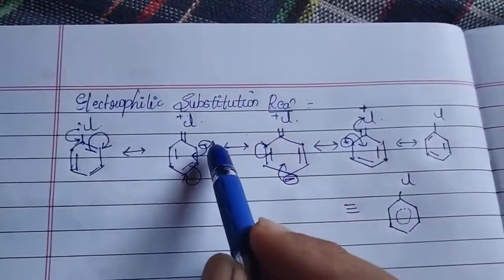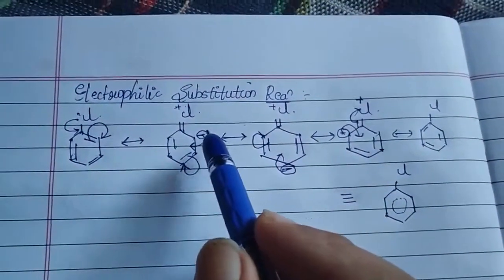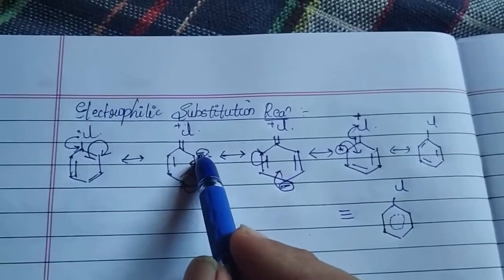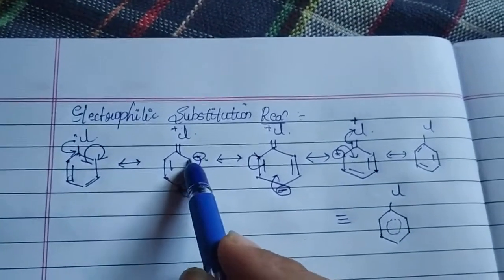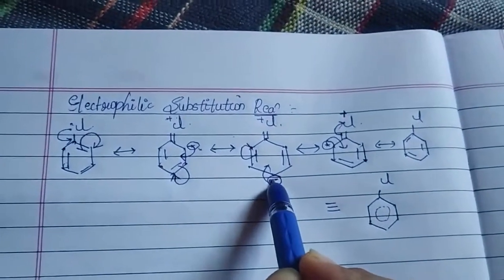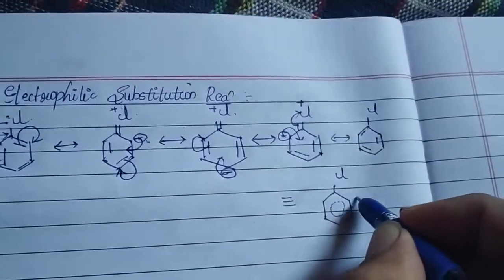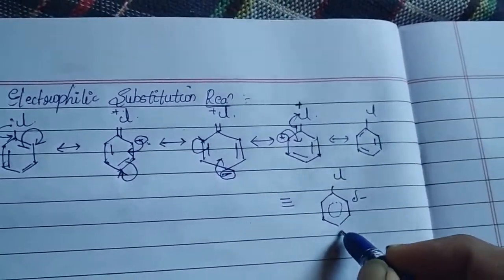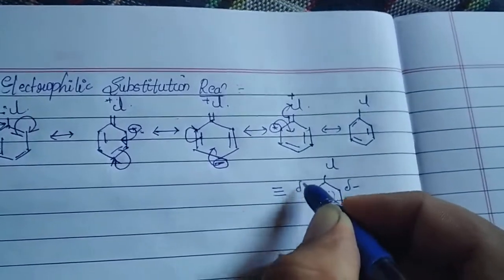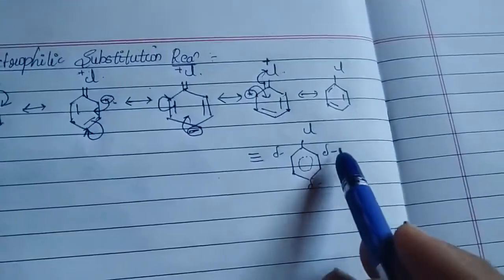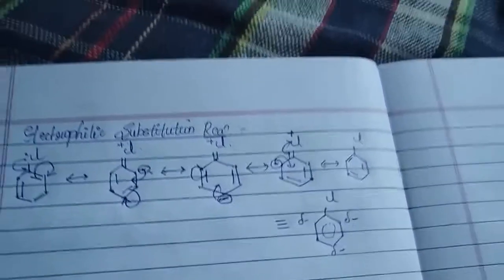What is that? The electron density, I repeat, the electron density will be higher in the ortho and the para position. So I would be writing it in this way as my resonance hybrid. Delta minus, delta minus, delta minus, only in my ortho and the para position.